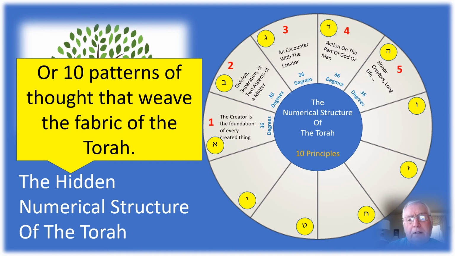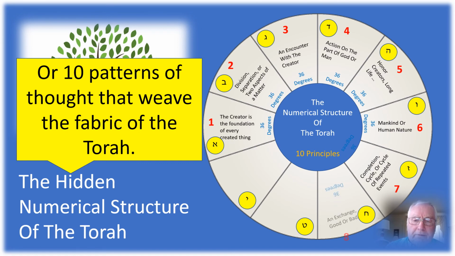Principle 5, honor creators, long life. Principle 6, mankind or human nature. Principle 7, completion, cycle, or cycle of repeated events. Principle 8, an exchange, good or bad.